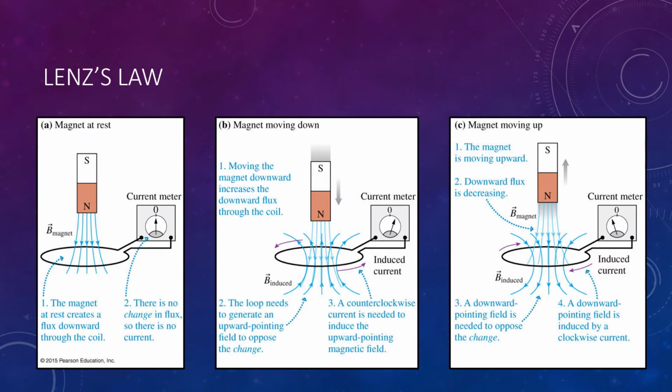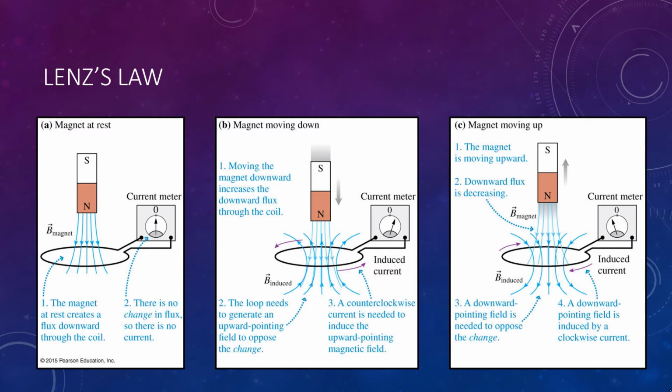So in this case, you're going to get a magnetic field that actually points with the original one downward through the loop. By the right-hand rule, if you have a field pointing downward, your thumb will point in a clockwise direction. And so we know the direction of current in the loop as a result.